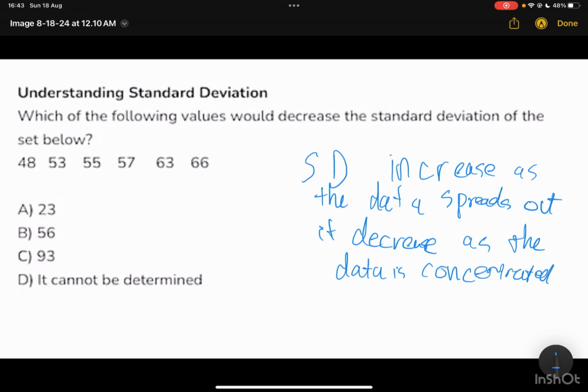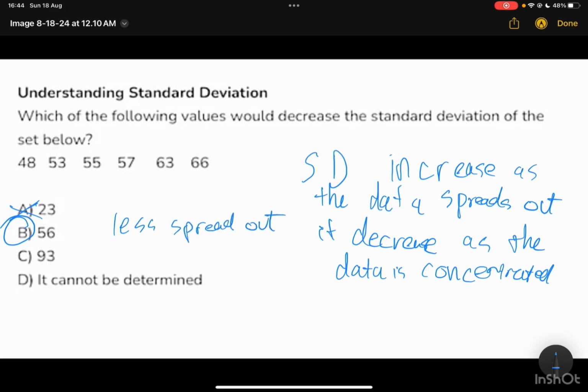So 23 is not going to be the answer because these data are around 48 to 66, and 23 is much below 48. It spreads out, so that's going to increase the standard deviation, not decrease. 56 is the answer because it's within 48 to 66, so it is less spread out, so the standard deviation is going to decrease.